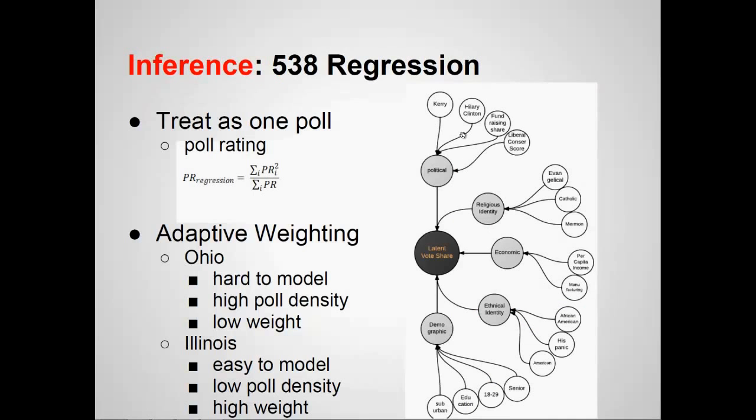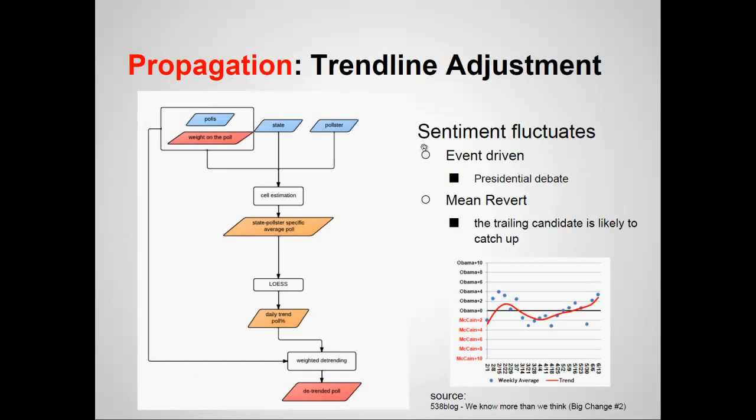So we are done with inference here, and we are going to move into propagation. Now, the propagation problem comes in where you have this trend line. You do this trend line adjustment. What De Silva has in mind is that there's a fluctuation of national sentiment, and that will have an impact on how each state behaves. So what we first need to do is to make an inference on the national sentiment.